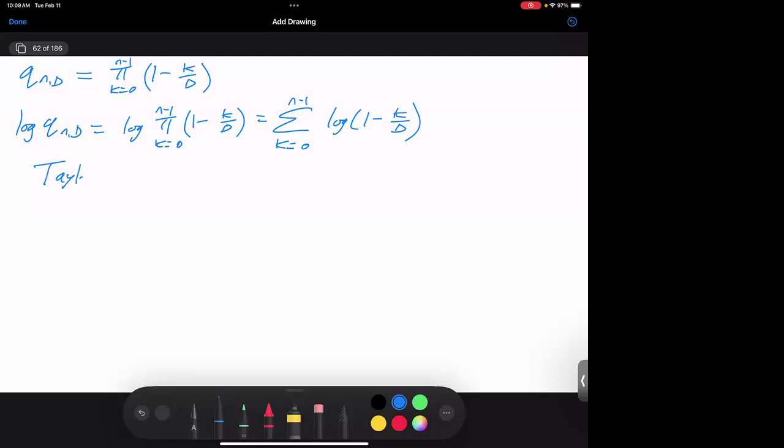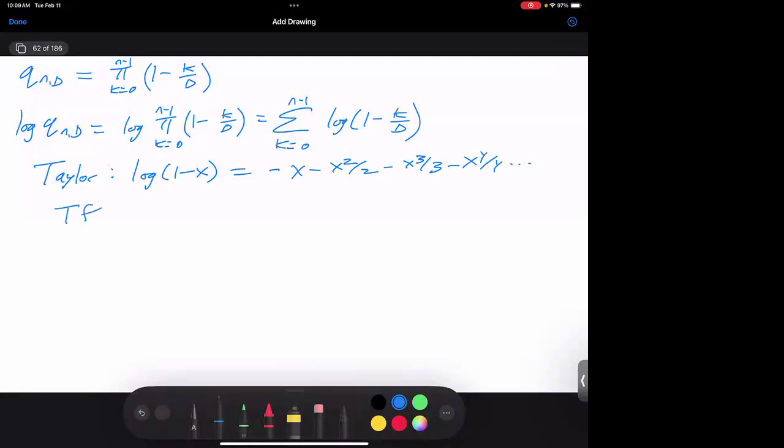So by Taylor's theorem, the log of 1 minus x, this is one of the expansions you should know, is just negative x minus x squared over 2 minus x cubed over 3 minus x to the 4th over 4, dot, dot, dot.